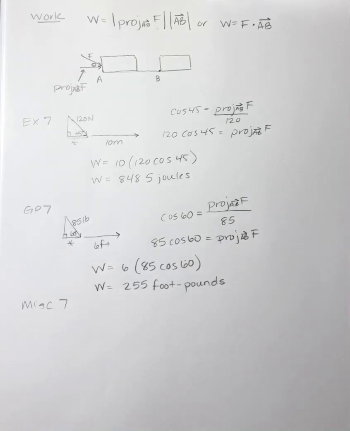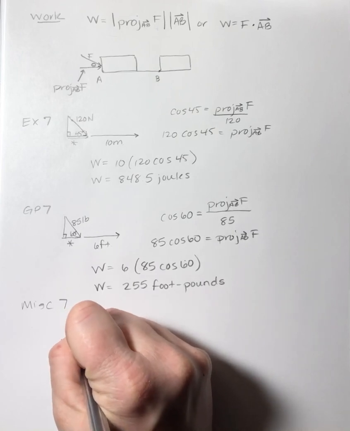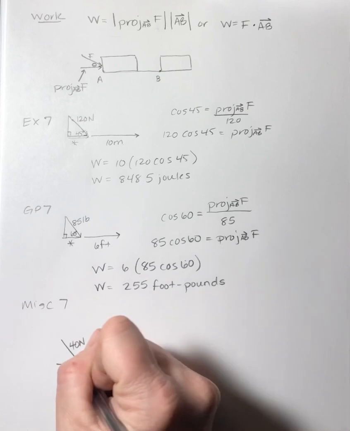All right, one more. This is another one that's not in your book, so you'll just have to listen. A person pushes a reel mower with a constant force of 40 newtons at a constant angle of 45 degrees.